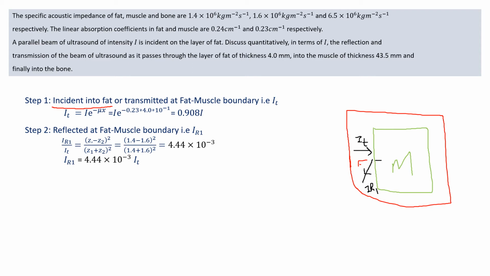And here, look here. So many students did mistake here, that what they do is that they just put some values and they get wrong answers. So here you have to do the fraction of incidence. So this is the fraction of reflection. Okay, so this is the IR over IT. You'll get this value, and IR is 4.44 into 10 to the power minus 3.